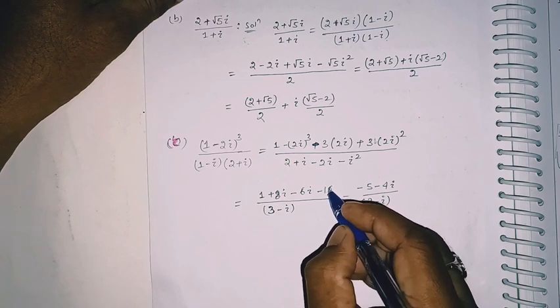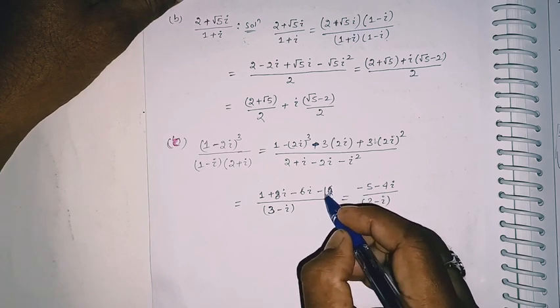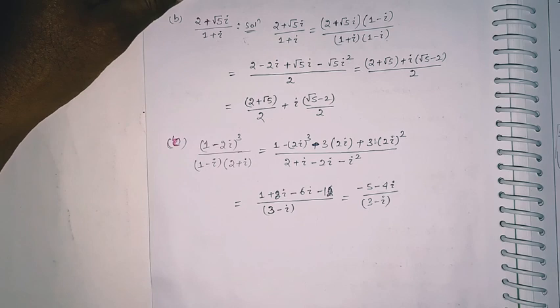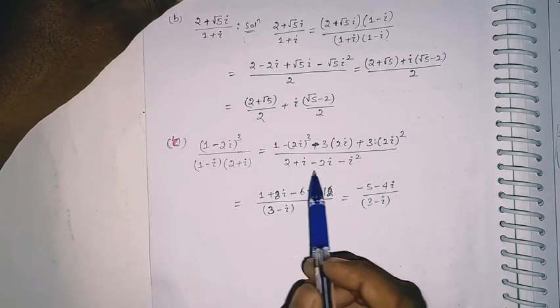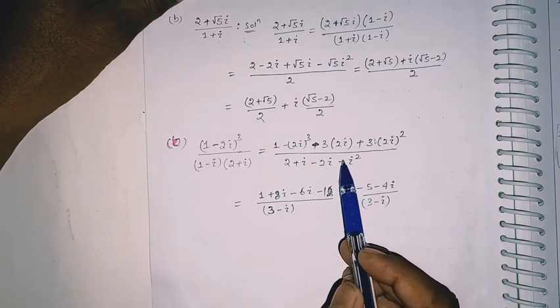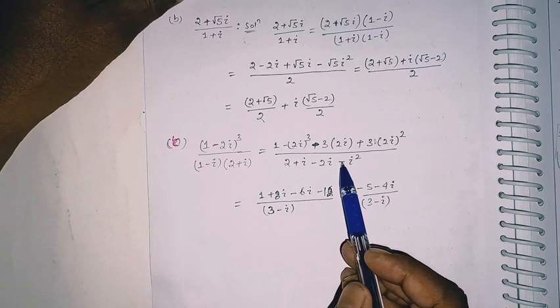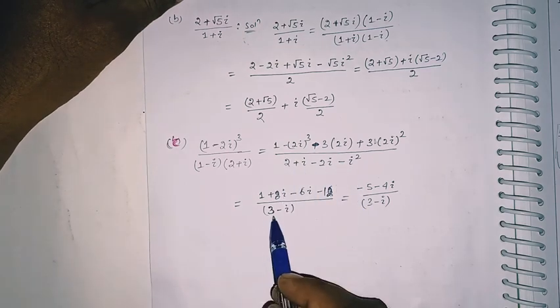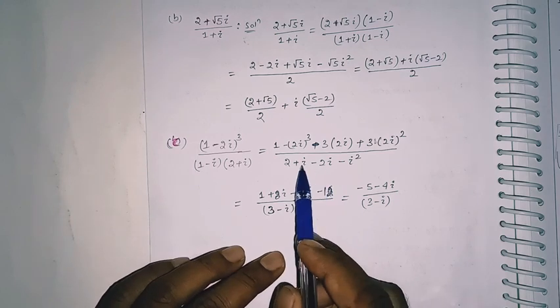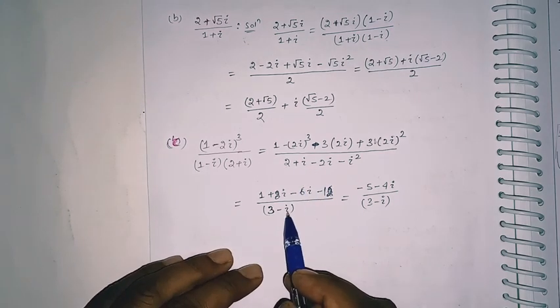Here you can see i square is minus 1, and this will be minus, already there, so it will be plus 1, and this is 2, so this will be 3, and this will be minus 2i plus i, which is minus i.